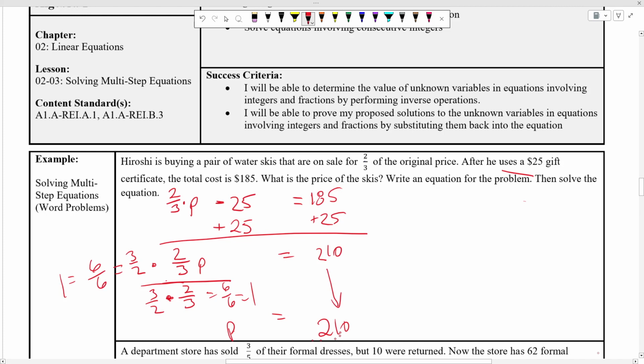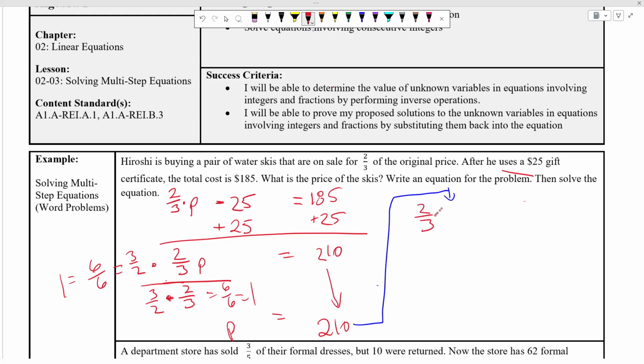That was the question that was asked. Now, again, don't just take my word for it. We got to prove these things out. For when we prove, we become enlightened. For when we prove, we know with 100% certainty we are correct. So let's go ahead and substitute this 210 in for p in the original equation.